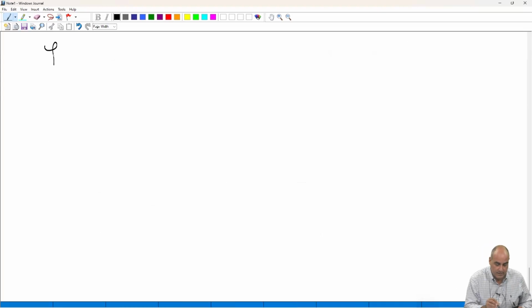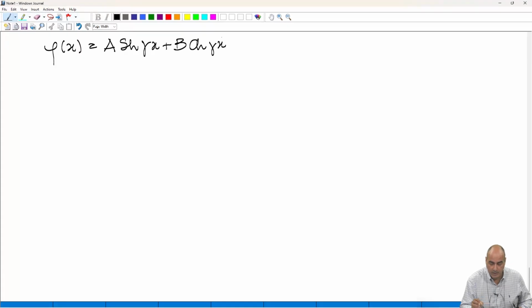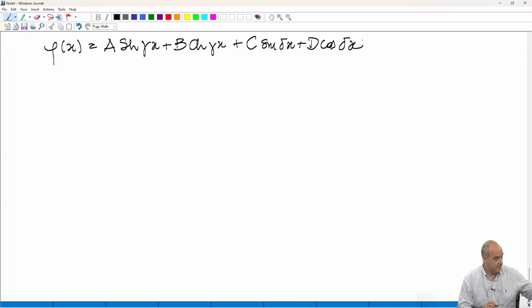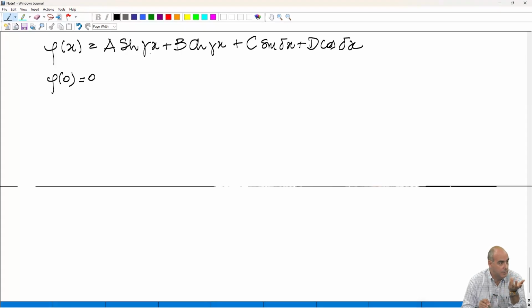So let's rewrite it and see how we do. Phi of x equals A hyperbolic sinus of gamma x plus B hyperbolic cosinus of gamma x plus C sinus delta x plus D cosinus delta x. And let's start writing the first boundary condition, phi in 0 equal to 0. I put x equal to 0. The hyperbolic sinus is 0.